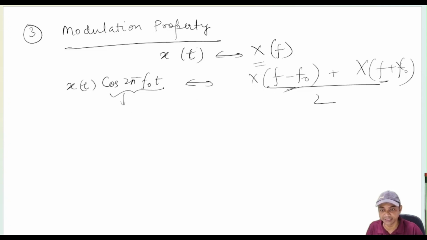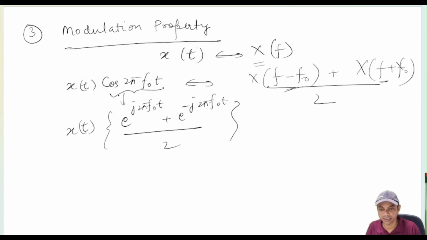It will provide x t into e to the power j 2 pi f naught t plus e to the power minus j 2 pi f naught t, divided by 2. If it is not clear, I will write it for you. Then x t multiplied by this will provide this one, and x t multiplied by that will provide this one, and divide by 2. Now it is clear, na?